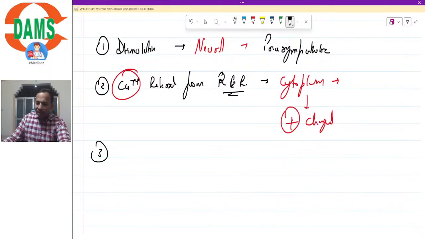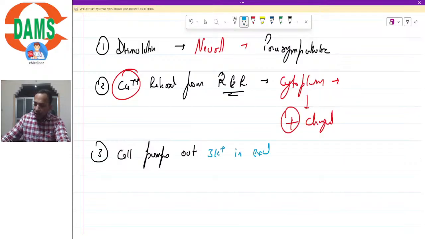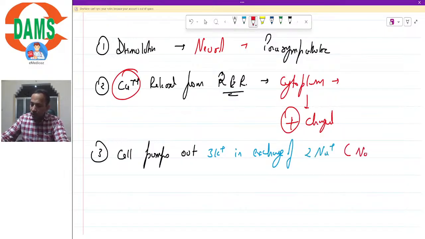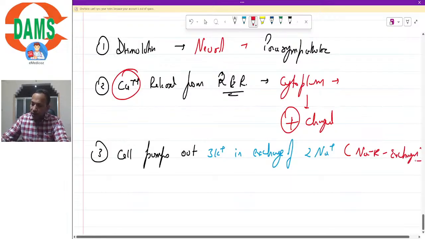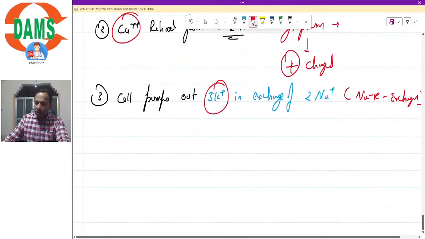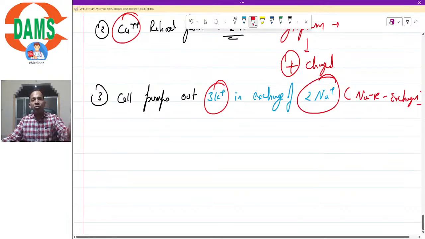So what happens next is the cell pumps out 3 potassium in exchange of 2 sodium, and this pump is called the sodium potassium exchanger, right? So as you can see, 3 potassiums are exchanged for 2 sodium. So the positive charge goes down.